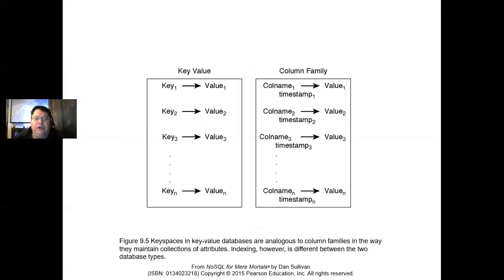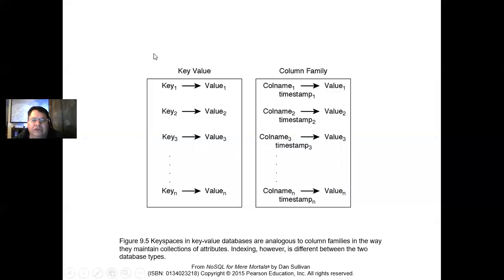All right, so figure 9.5 is talking to us about the key spaces in the key value databases, and that's what we were studying last week, our key value databases. If you think about it, the key space is analogous to the way that column families manage their collections of attributes.